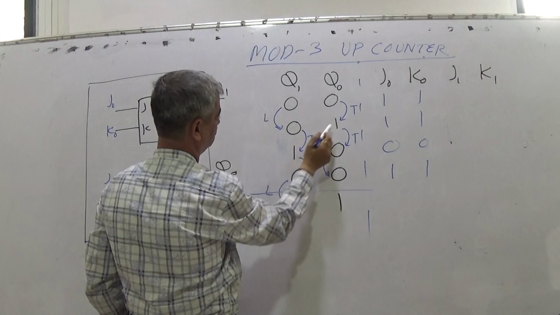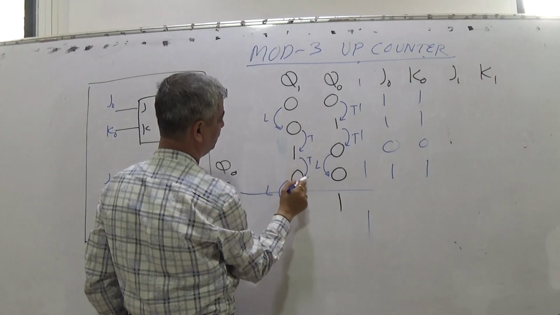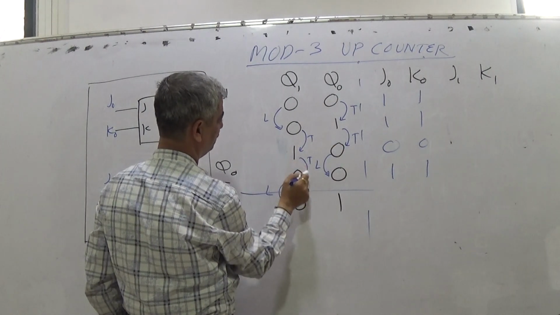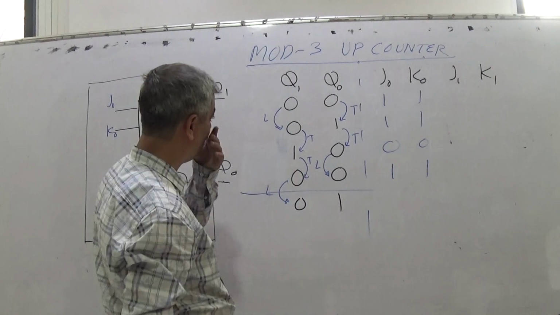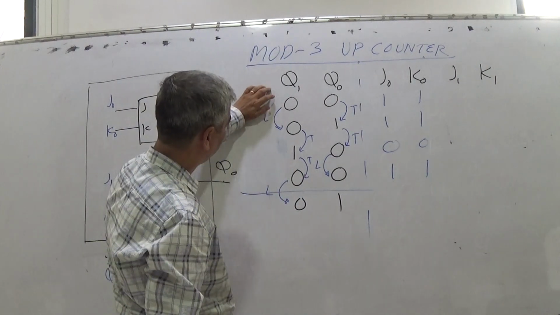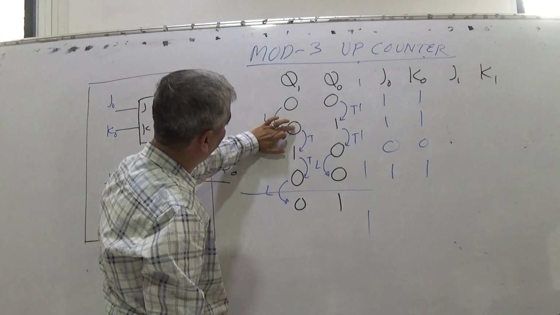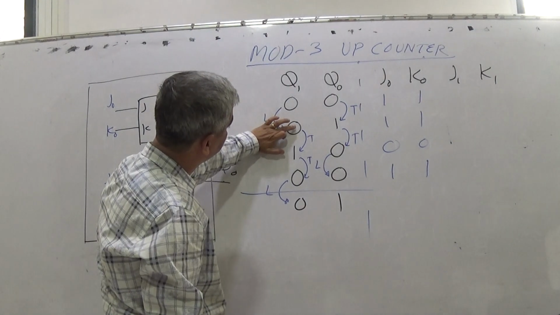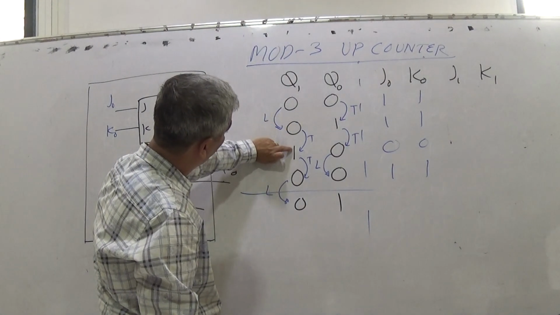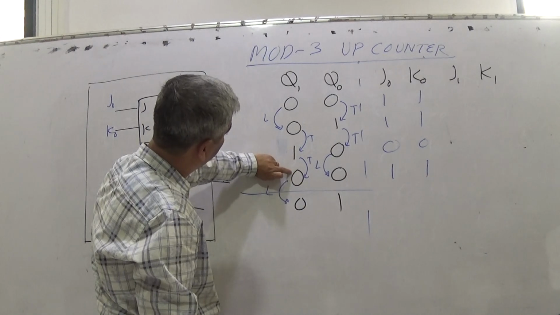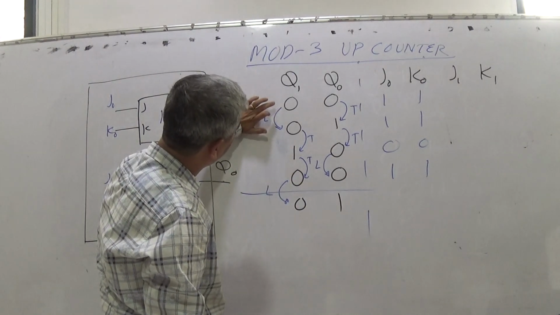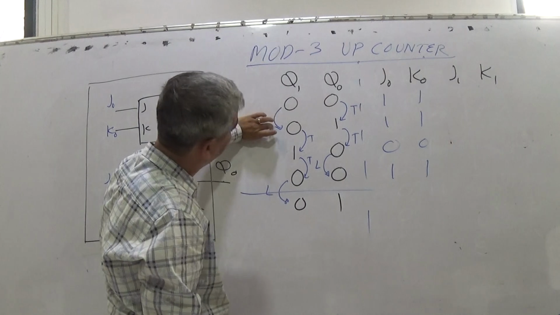Here it toggles, Q0 is 1. But here also it toggles. Here also it toggles. So Q1 is toggling here, Q1 is toggling here, and Q1 is maintaining last state only here.